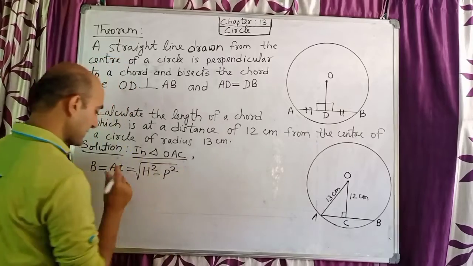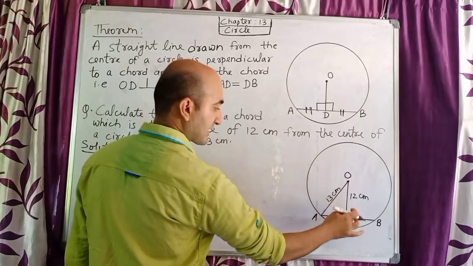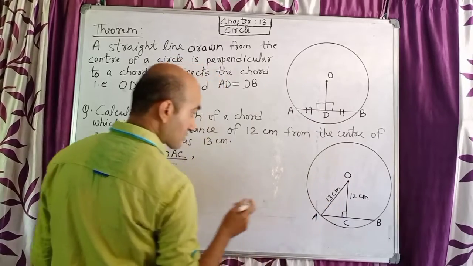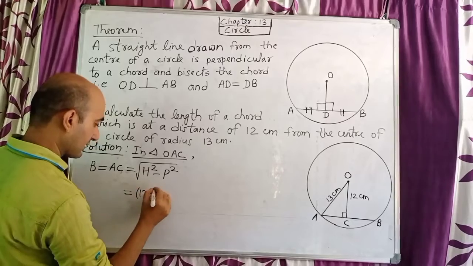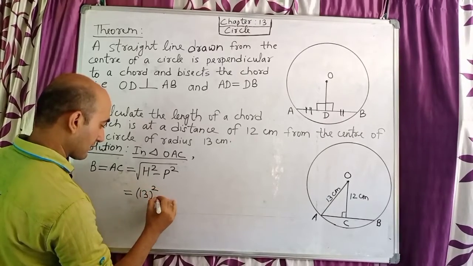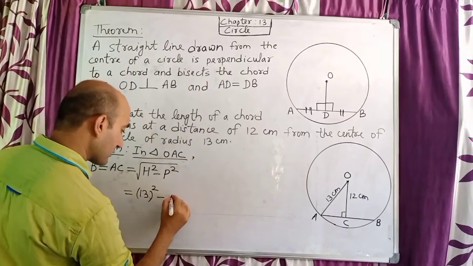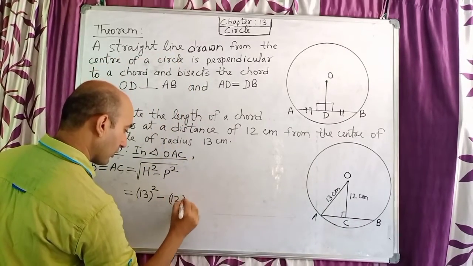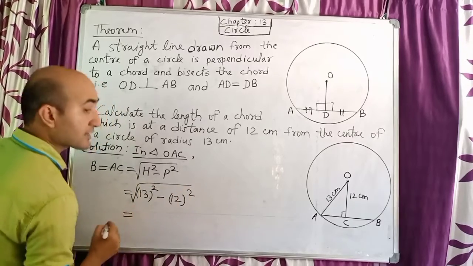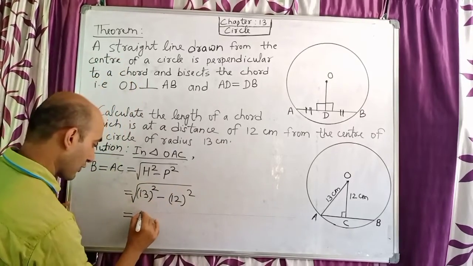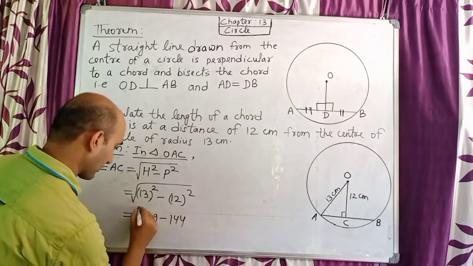So now the AC value will come here. Now who is H? Very easy to know. The straight line is called perpendicular, the slanted line is called hypotenuse. So my H is 13. So I can write 13 whole square minus perpendicular, which is 12, so 12 whole square, all under the root. 13 square is 169, and 12 square is 144.